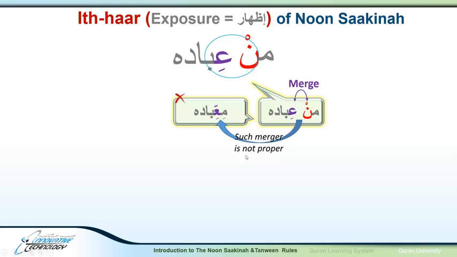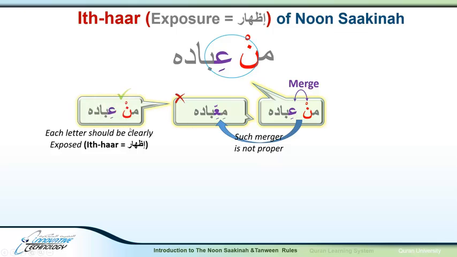So such a merger is not proper. We should never do that. Whenever we have the letter ain, which is a distant letter, not a close letter, it should be pronounced independently. So it has to be clearly exposed. Each of the two letters, the nun and the ain, should be clearly exposed.